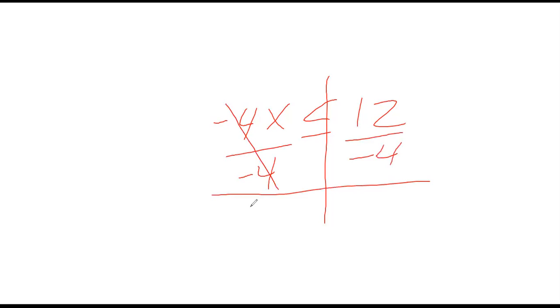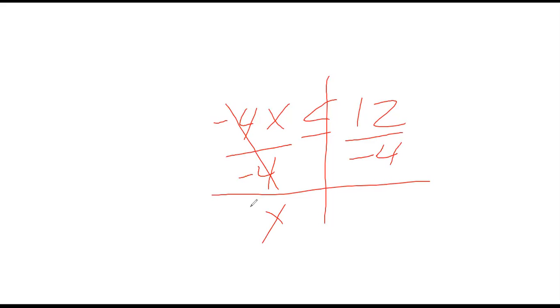But if you guys remember, there's a special rule for inequalities. It only applies to inequalities. So what happens when we multiply or divide by a negative? It turns into a positive, right? Well, not necessarily. Right here we would have 12 divided by -4.